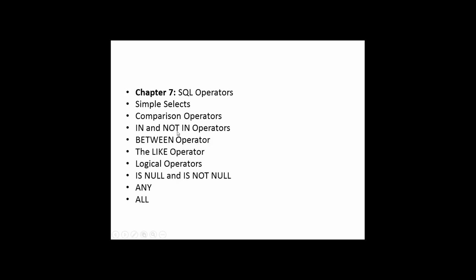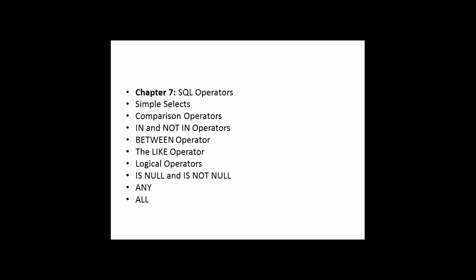Coming to the next one, the between operator. The between operator is basically between two values. Suppose I want to retrieve the information from the table for the last 10 days, from July 1st to July 10th.